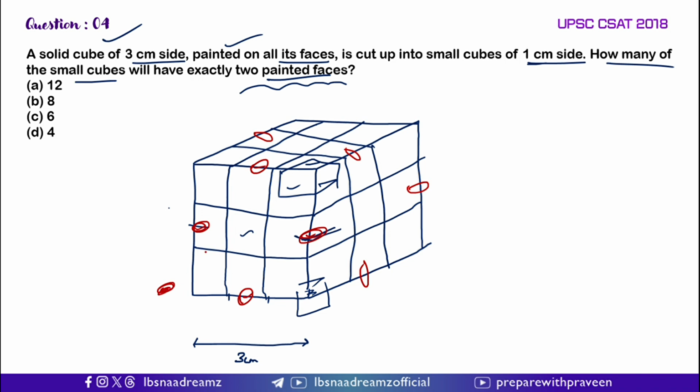So let us draw it like this. Here also we will have in the corner, see opposite to this we will have another cube. So there's another one cube in this region and another one cube in the bottom side opposite to this.